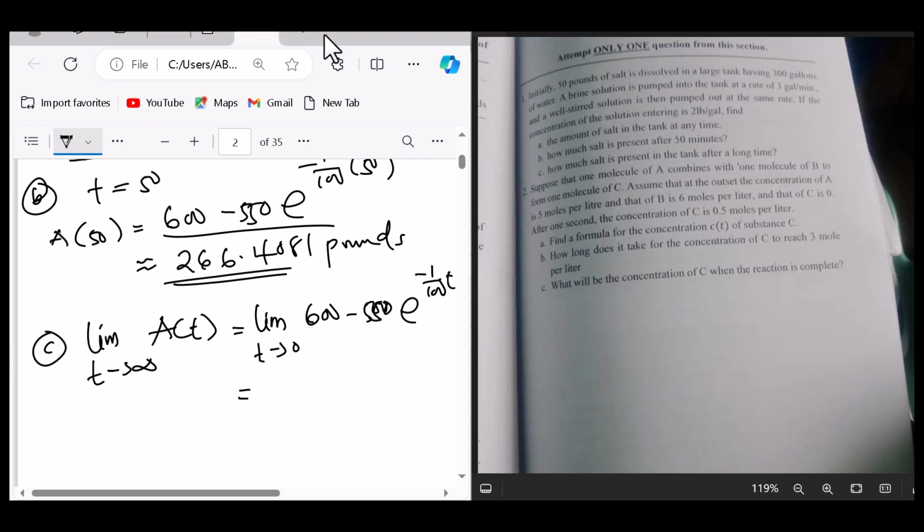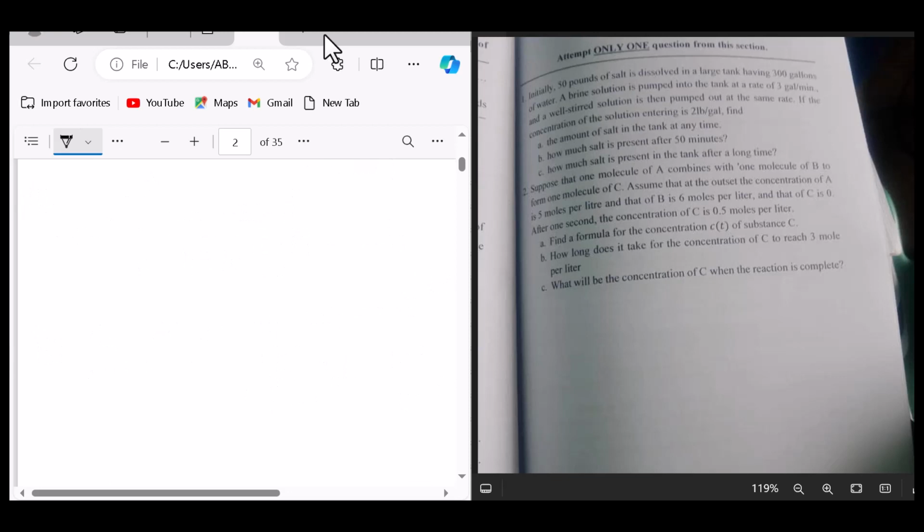So as this goes to 0, we just have the limit as t goes to infinity of 600 minus 550 over e power 1 over 100 t.